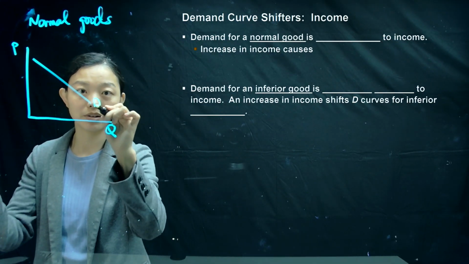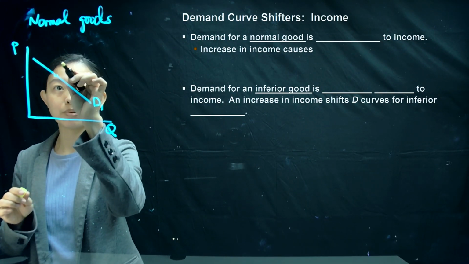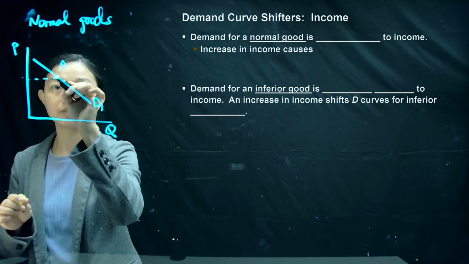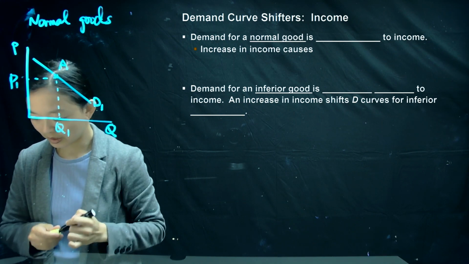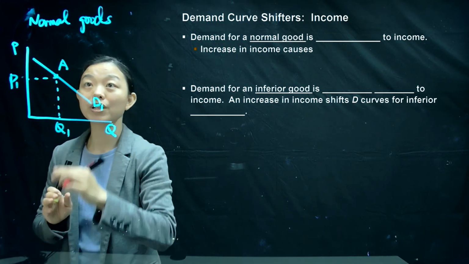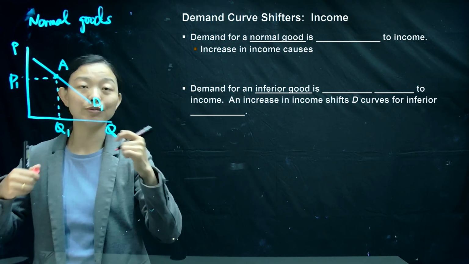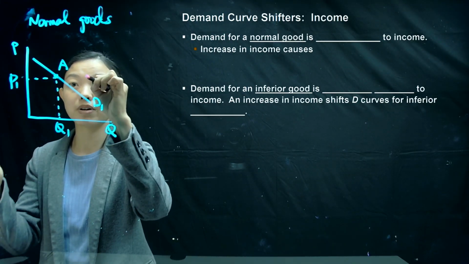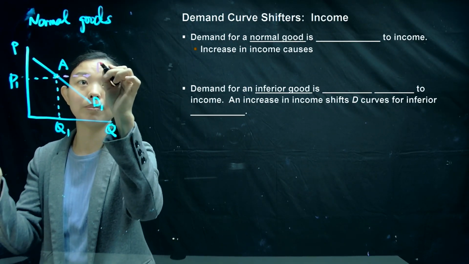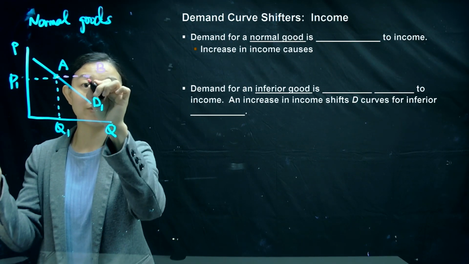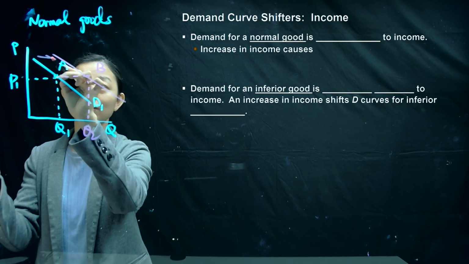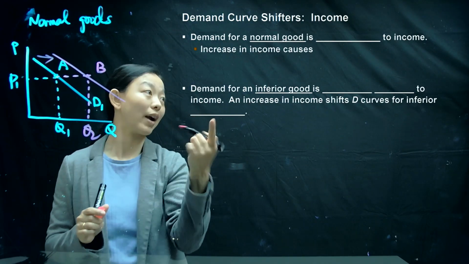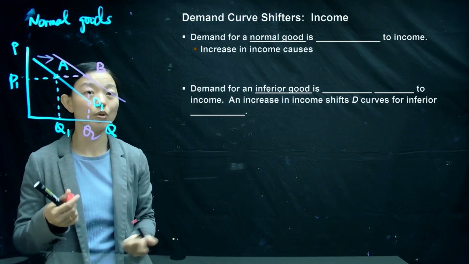This is the demand curve, and I can put point A here, P1, Q1. If your income increases, for normal goods you would like to have more of those products, even if the price doesn't change. You are able to buy more of those products, so it will shift the demand curve to the right-hand side. So this is normal goods.